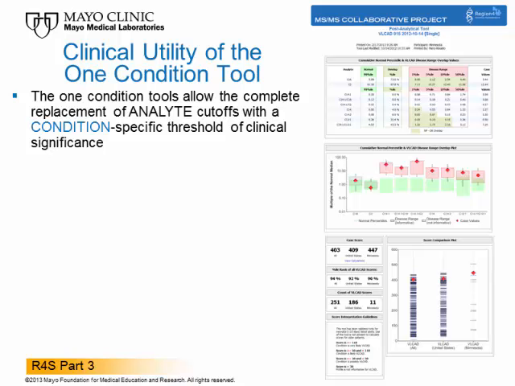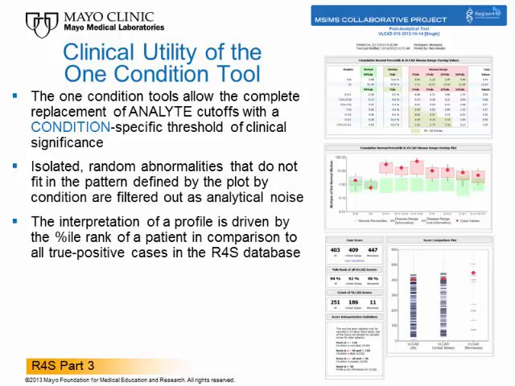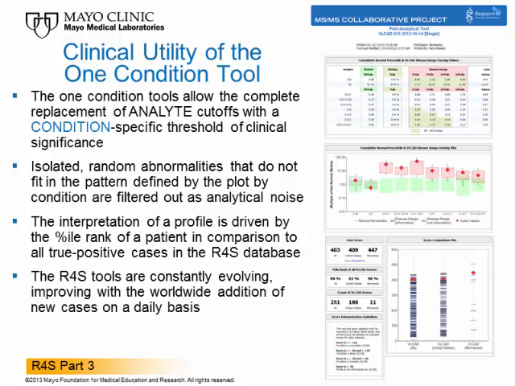Second, isolated random abnormalities that do not fit in the pattern defined by the plot by condition are filtered out as analytical noise. Third, the interpretation of a profile is driven by the percentile rank of a patient in comparison to all true positive cases in the R4S database, a type of clinical validation that is dynamic, not static, and it evolves practically on a daily basis.